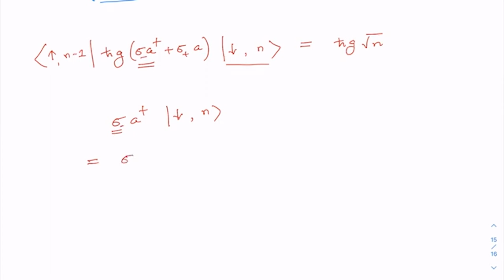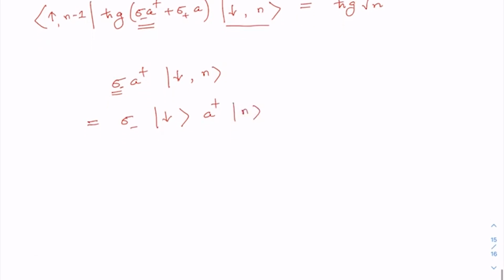The atomic lowering operator acts on the atomic state, and A dagger acts on the photon field state, and we know that this gives square root of n plus 1 times the n plus 1 ket. Now the atomic lowering operator is acting on the ground state, so it cannot lower it further, and therefore this is going to give us 0. So overall we are going to get 0 because of this.